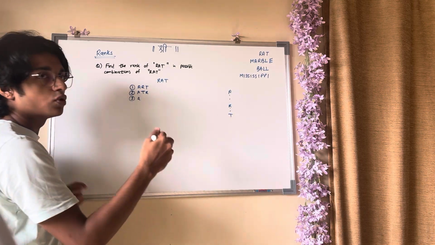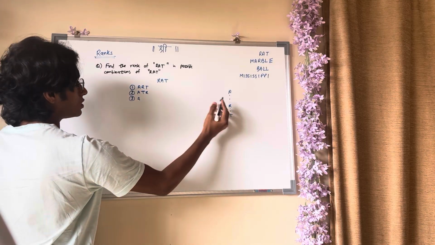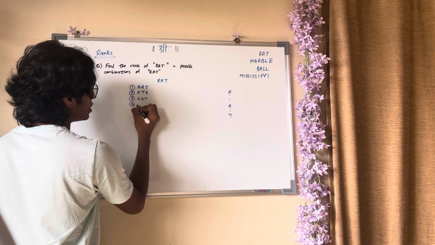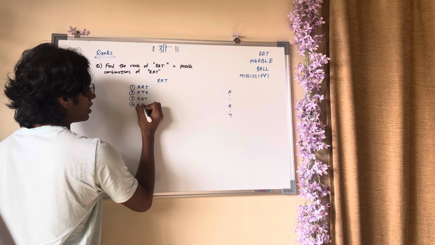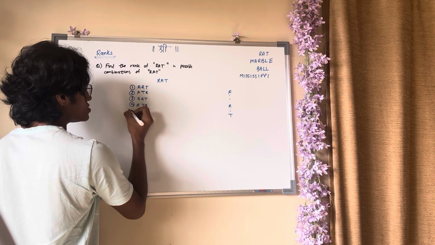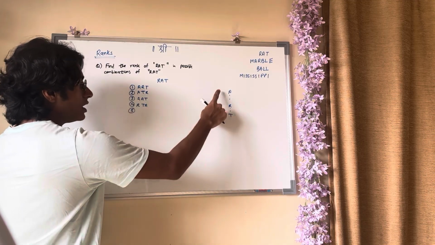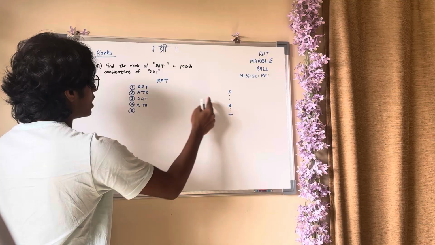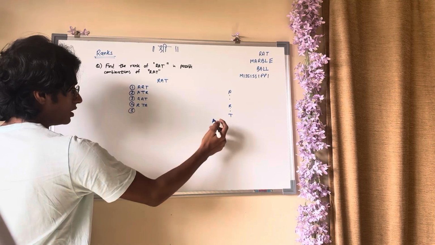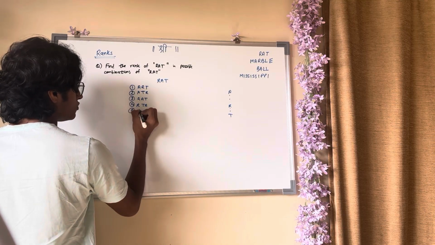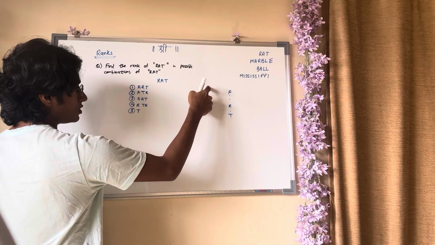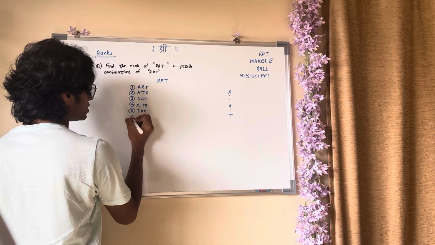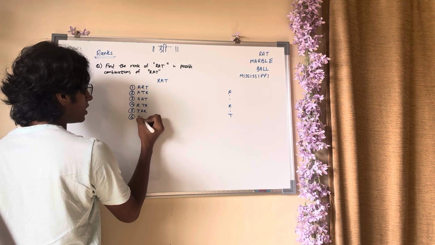Then as we have to go in alphabetical order, the second letter will be A, third will be T. Fourth, keeping the first constant, R, then T, then A. Fifth, since the cases where A and R were the first letters have been completed, T will be the first letter. Then going alphabetically, A, R, and the sixth word will be T, R, A.